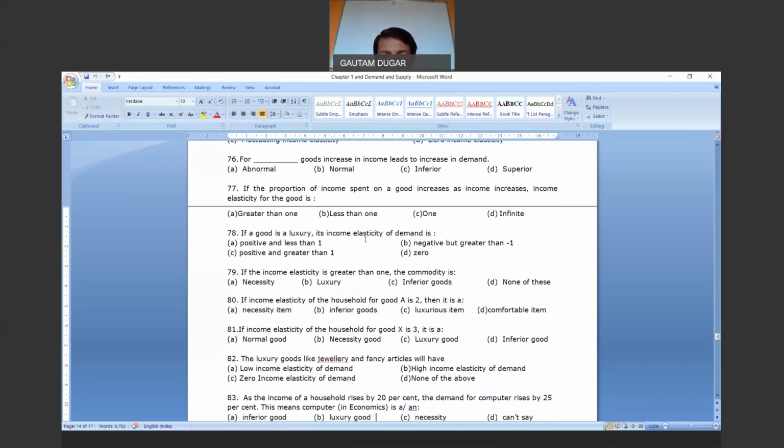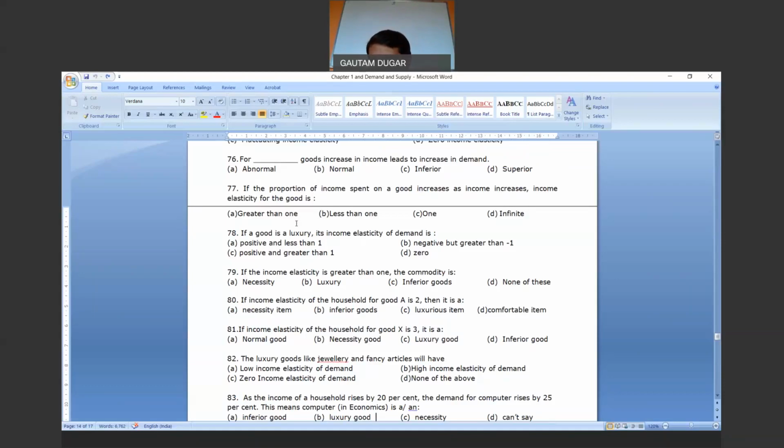If the proportion of income spent on a good increases as income increases, income elasticity is greater than 1.